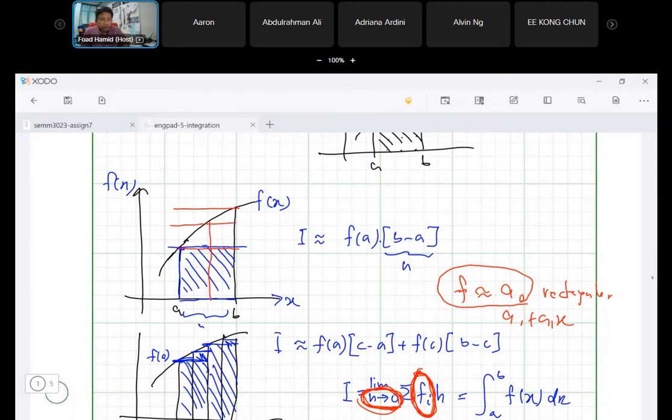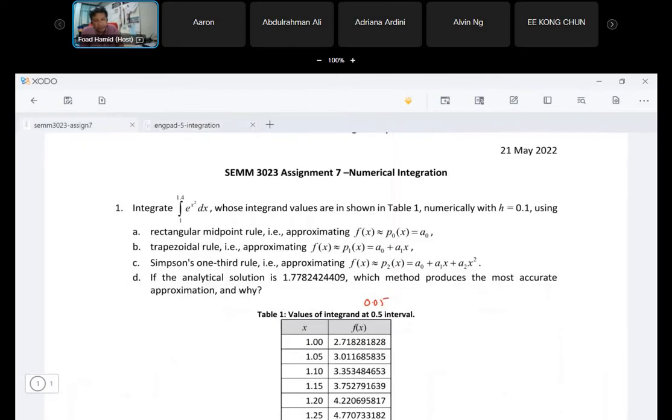So what we want to do is find the best value that we can use to approximate the area. That is the idea behind the rectangular rule. That is why in my question paper I say rectangular midpoint rule, approximating with a polynomial of order 0, which is just a0, any constant value on the curve.